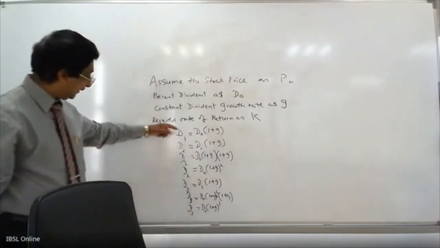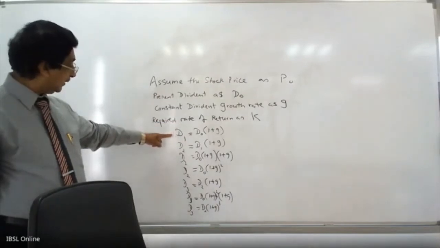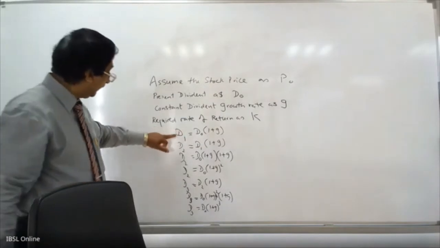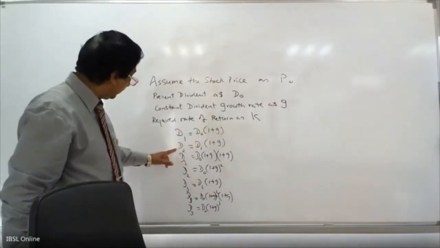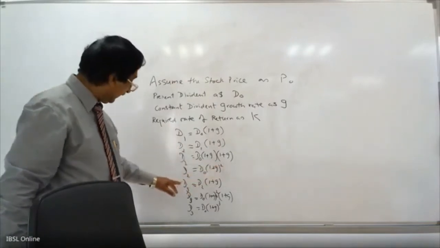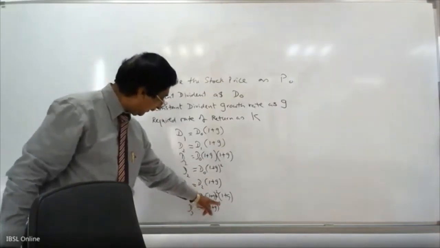Now looking at this, you can observe a pattern. D1 is equal to D0 into 1 plus G. D2 is equal to D0 into 1 plus G squared. D3 is equal to D0 into 1 plus G to the power 3.